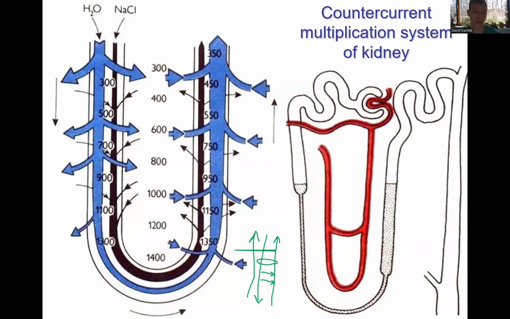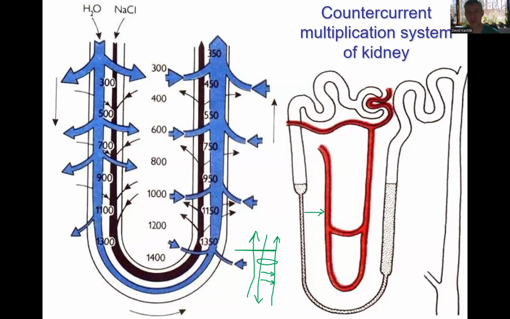Similar system here, but between vessels and intermediate tubulus, or all the tubuli here, so mainly a Henle's loop, saves the ions and the water.